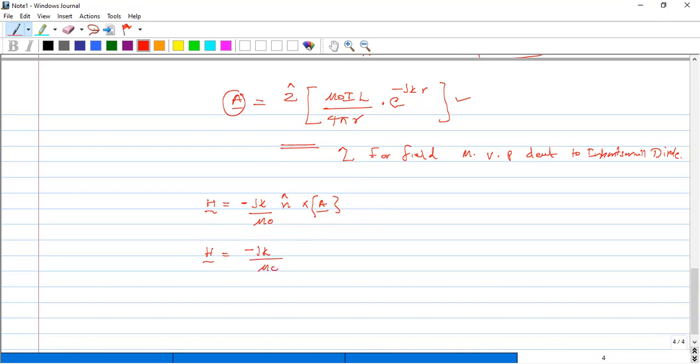That is minus jk over mu naught, n hat cross this one, which is also a vector.